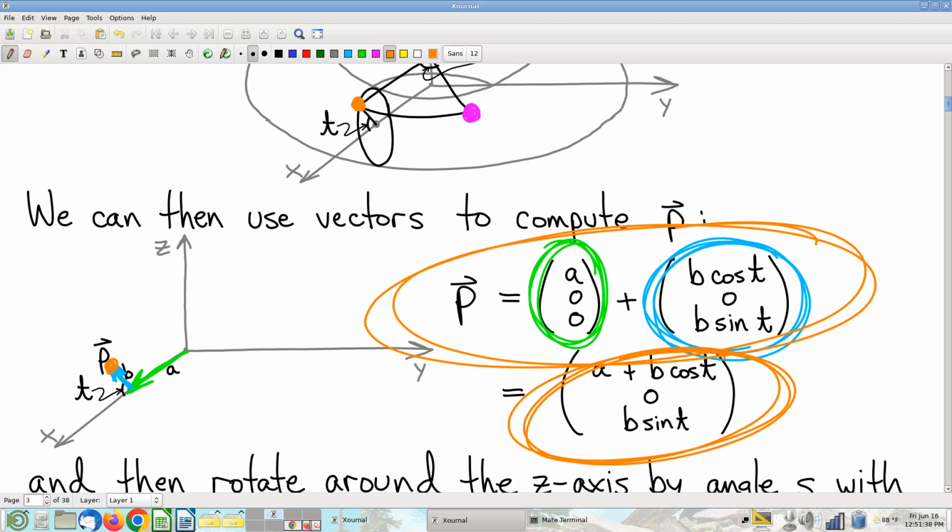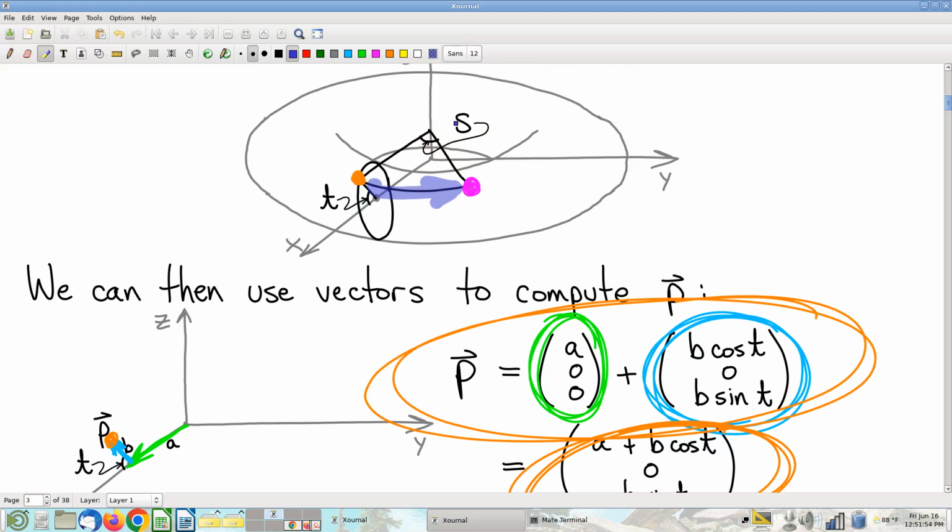All right, so that's not what I wanted. Of course, what I want is the purple point, and so now I'm going to observe that I can get to that purple point by doing a rotation. I'm just going to rotate counterclockwise by this angle s, around the z-axis, and that will rotate the orange into the purple. Does everybody see that? Let's write that down.